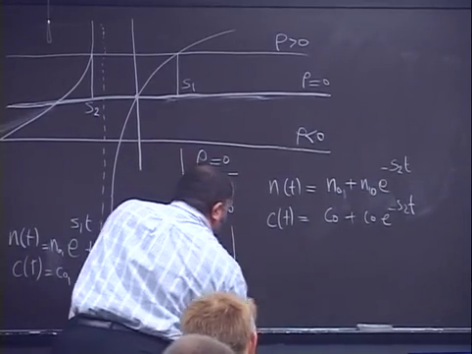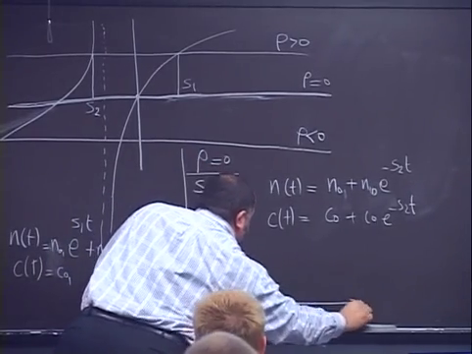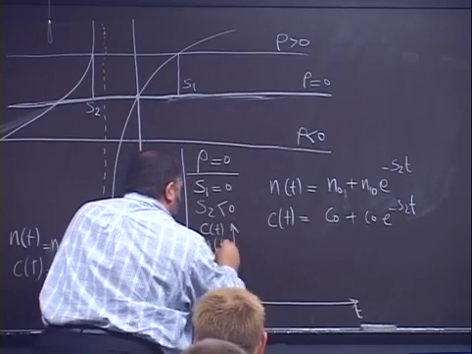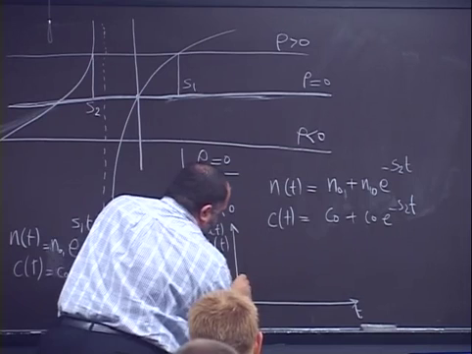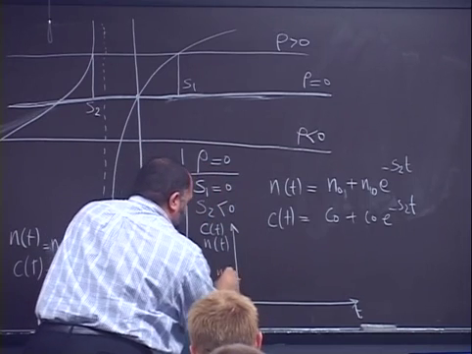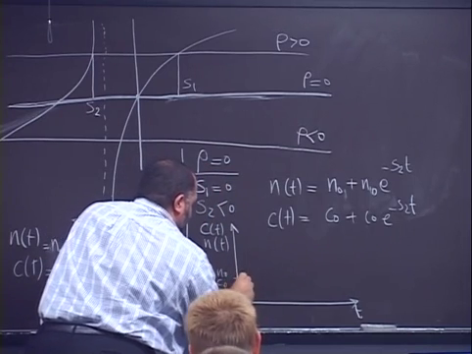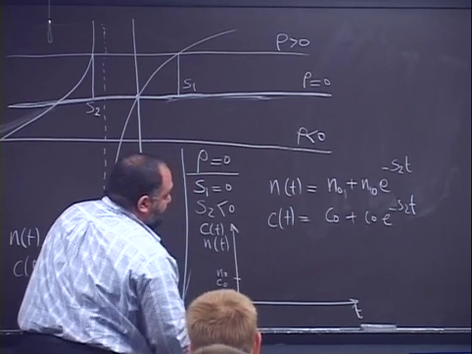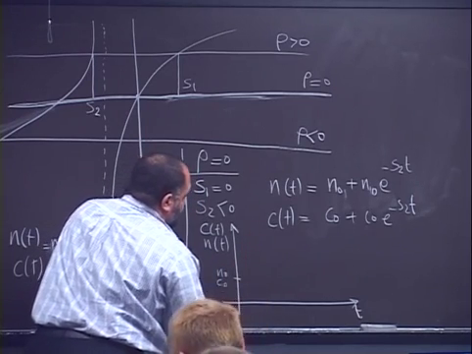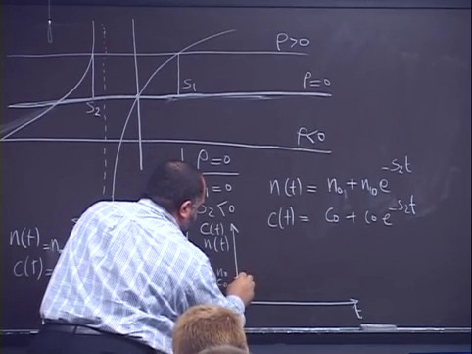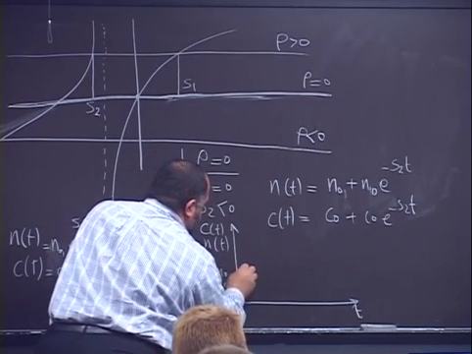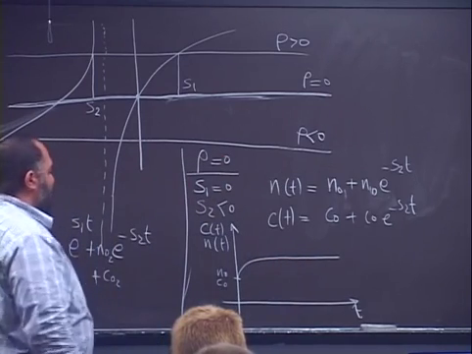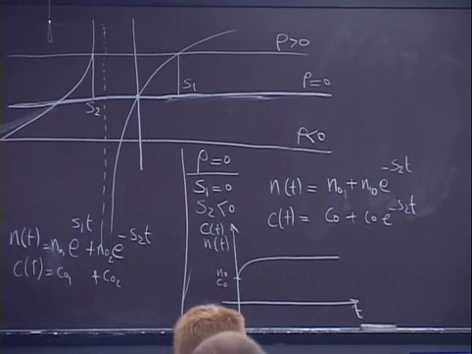So if you plot with time C of t and N of t, and you start, let's say, the reactor at N naught or C naught, you will have something like this in both situations.